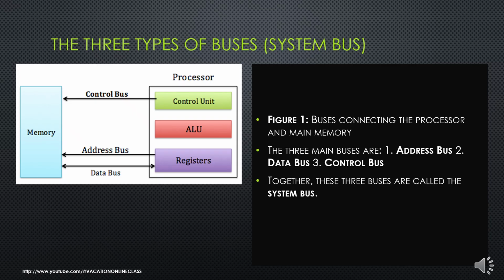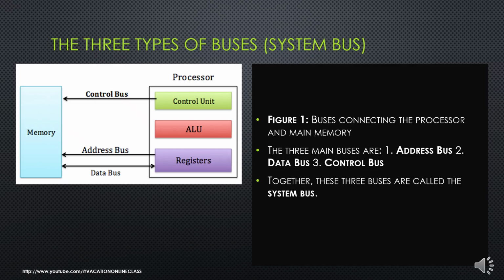As you can see in figure 1, the communication between the processor and the main memory isn't just one single wire. It is divided into 3 specialized channels. First, we have the address bus, which carries information about where data needs to go.